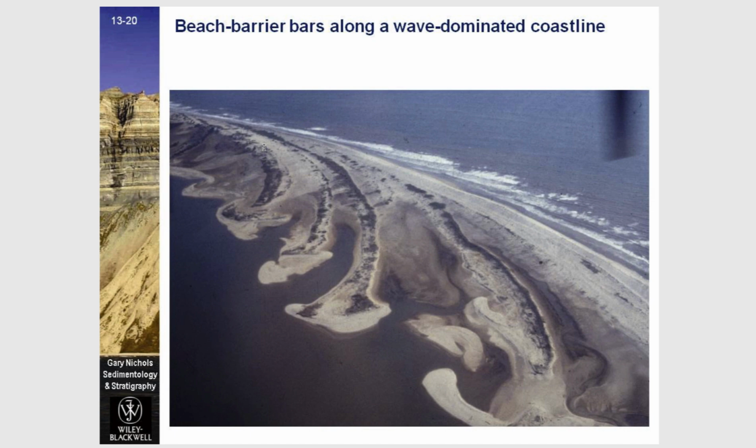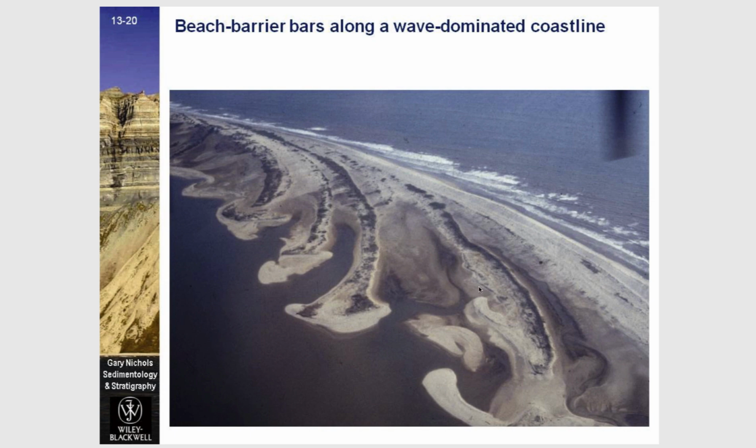Here are some examples of these beach barriers, and of course you get multiple crest lines, and they can be curved as well, as a function of the change in wave action over time. In this case we have a prograding set of beach barriers, which are a function of the fact that progressively we are accumulating sediment in different portions of the coastline, moving away from the source, which will be here.